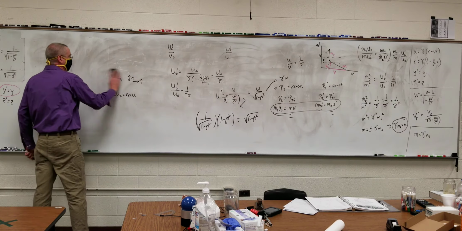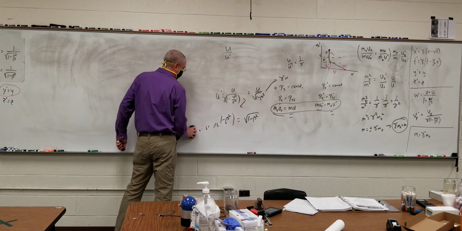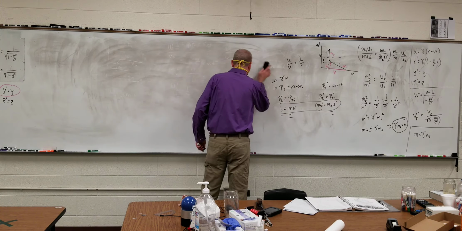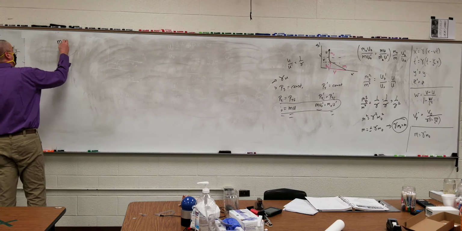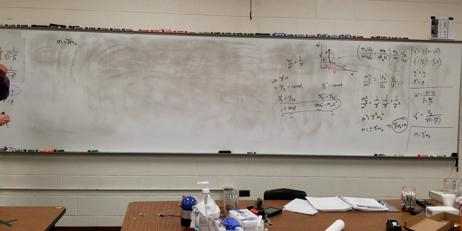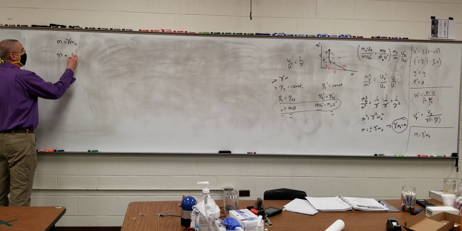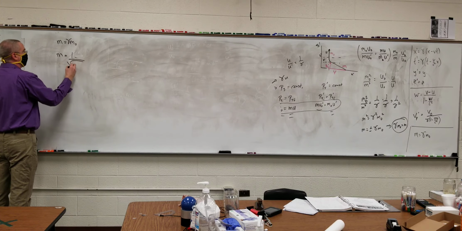We got the prime frame, the regular frame, that hasn't changed. We'll erase that when we need it. M equals gamma m sub naught. M is equal to m sub naught times 1 over the square root of 1 minus v squared over c squared.